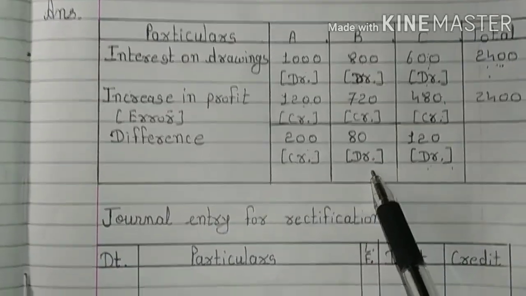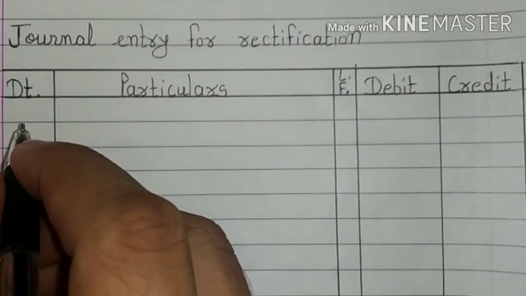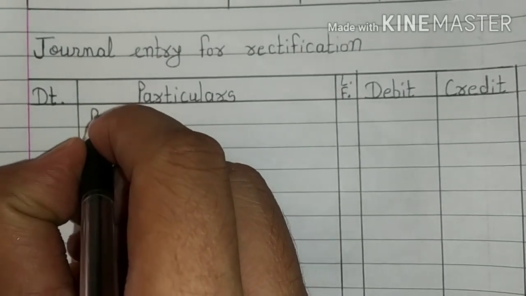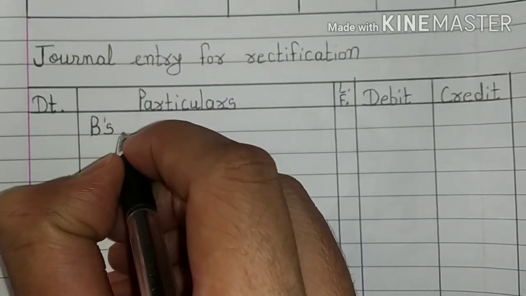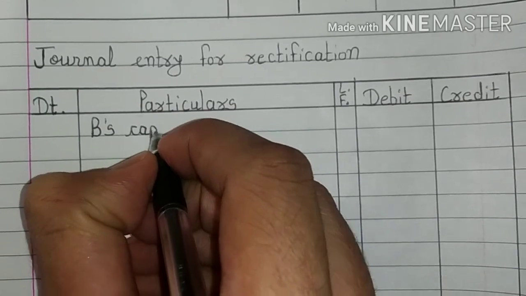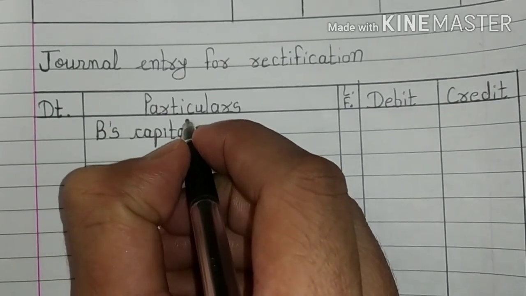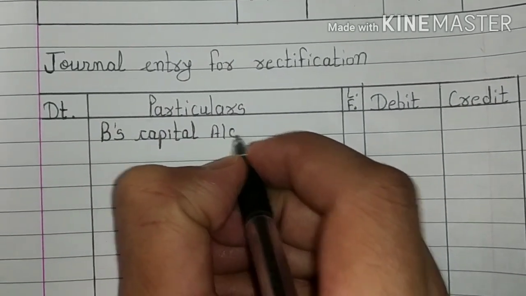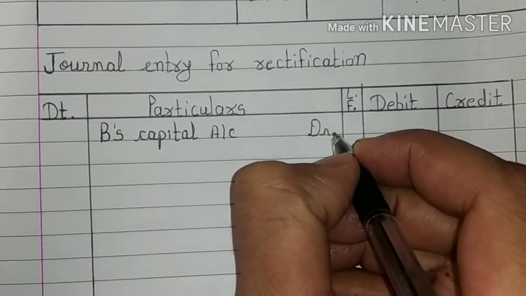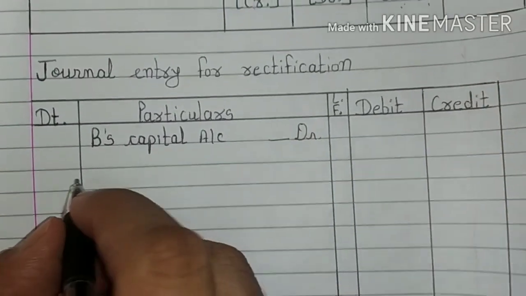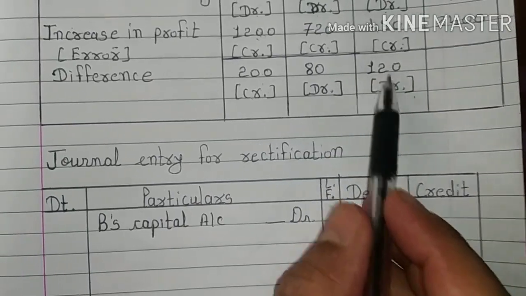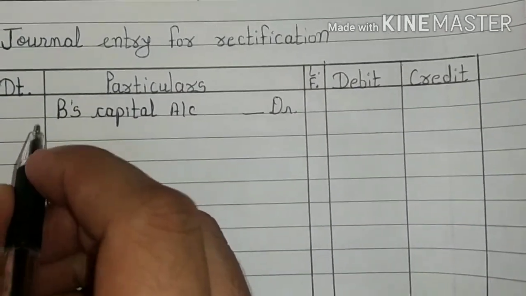B's capital account debited. Same as C's capital account will be debited.